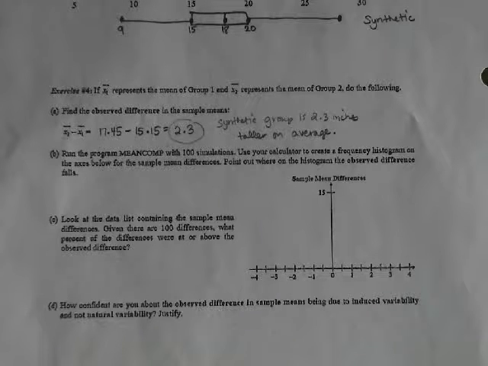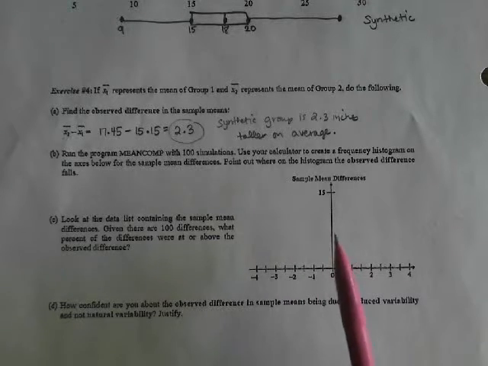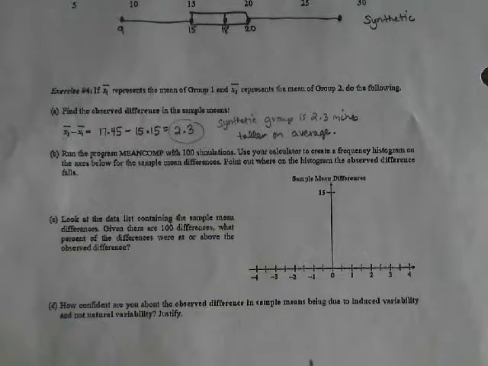But what we need to do is figure out where our 2.3 falls on that list. Okay? Our 2.3 is 2.279. Okay, so our 2.3 is right in here somewhere. So this one's 2.279, this one's a little over 2.3.